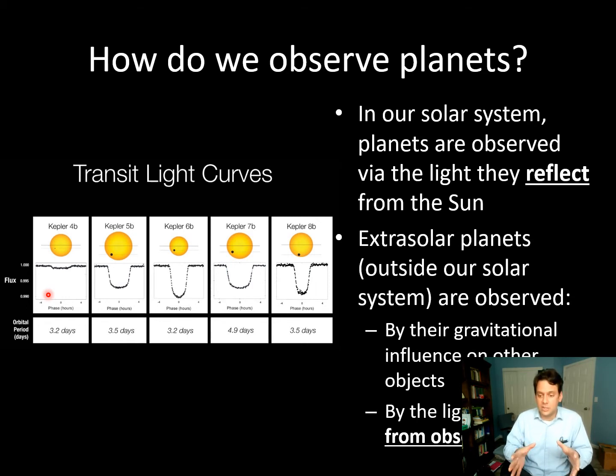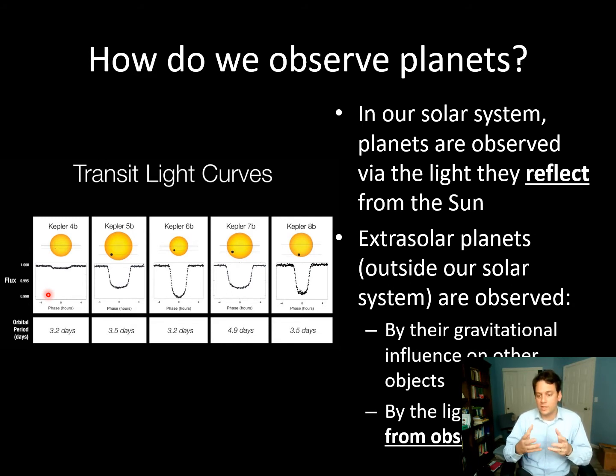Obviously, this is easier to observe the closer the planet is to us and the closer the planet is to the sun, right? So Mercury is very close to the sun, so it's going to get relatively a large amount of light from the sun, and it's going to reflect that light, and we're going to have a good chance of seeing it. Venus and Mars, same thing.